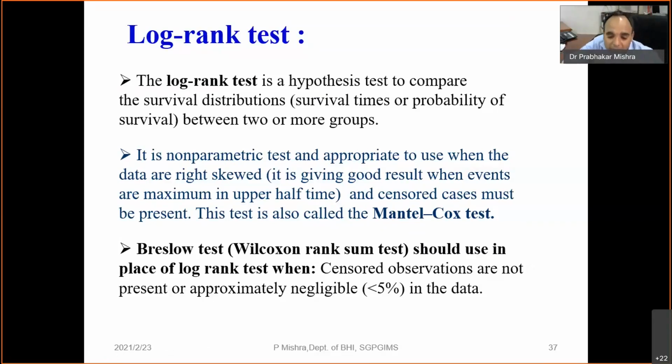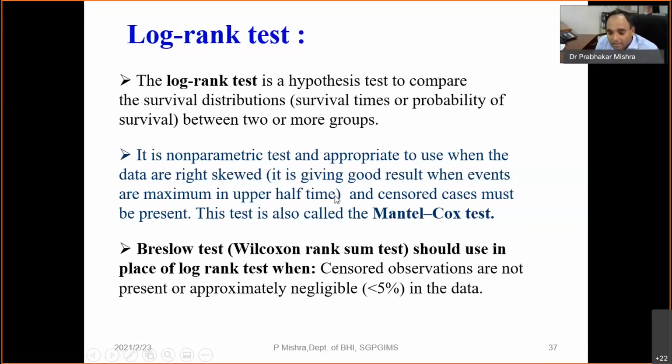And chi-square is a non-parametric method because it is not comparing the mean, it compares percentages. So anything other than mean comparison is called a non-parametric method. So it is a non-parametric test and appropriate to use when data are right skewed. It is good when events are maximum in the upper half.